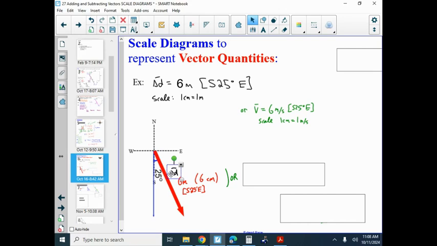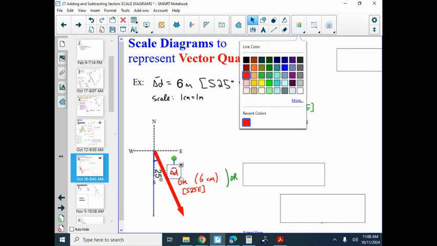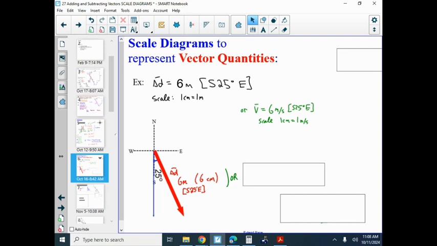Wouldn't hurt to have that be red to go along with the vector, I suppose. So that represents the vector. If it was a velocity vector, then it would be representing a velocity vector of 6 meters per second, 25 degrees east. It's a vector, as a review, because we've got the size and the angle.